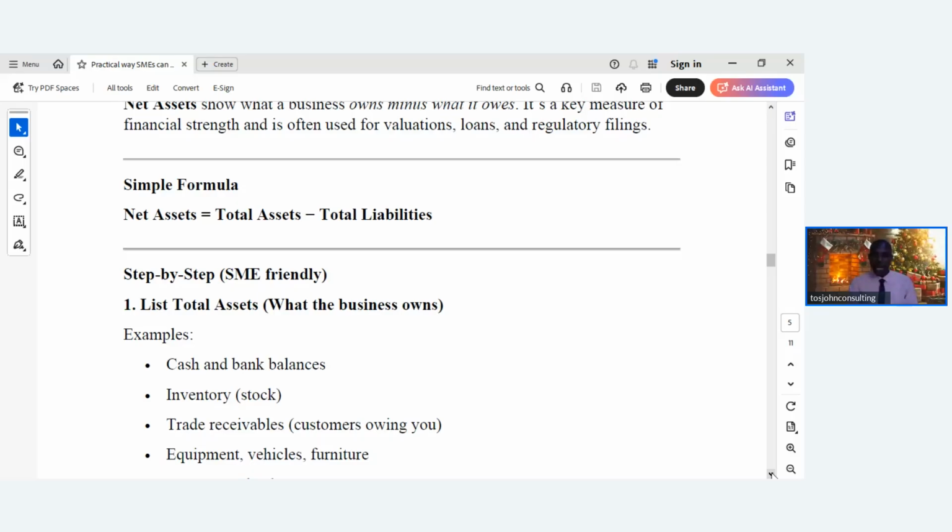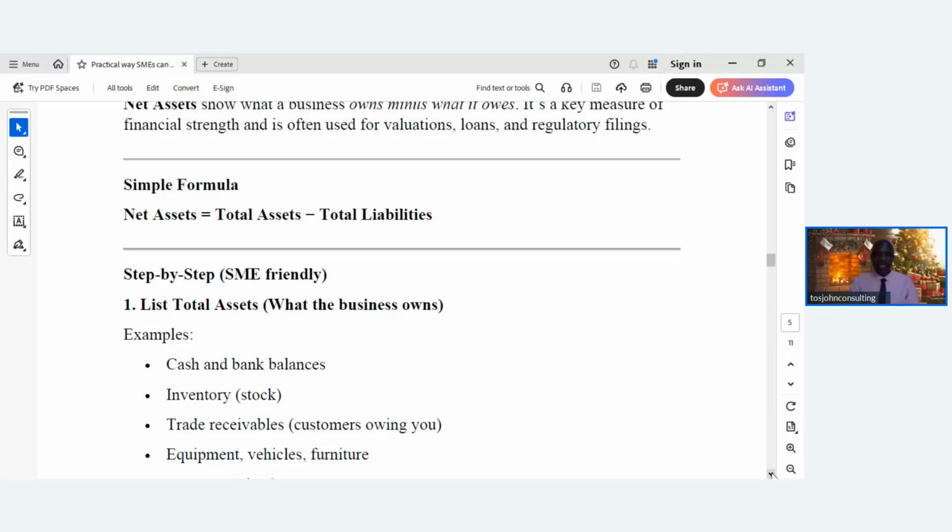So all your total assets together minus your total liability. And total liability is current liability and non-current liability as well. So when you minus them from each other, you have your net worth, and you know the level of your financial strength as a business owner.